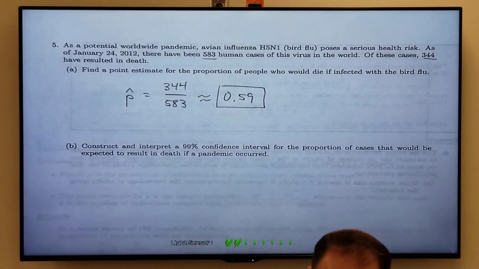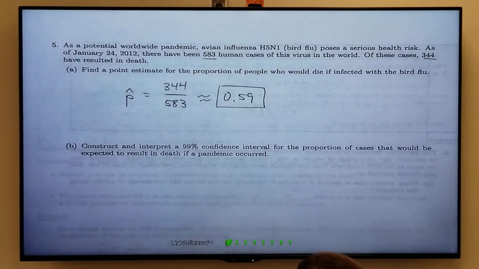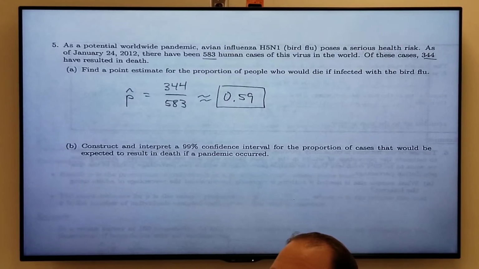Okay. Now part B says, construct and interpret a 99% confidence interval for the proportion of cases that would be expected to result in death if a pandemic occurred. So if this were to spread worldwide and everyone got infected, what proportion of the population would we expect to pass away from it? We want a 99% confidence interval.